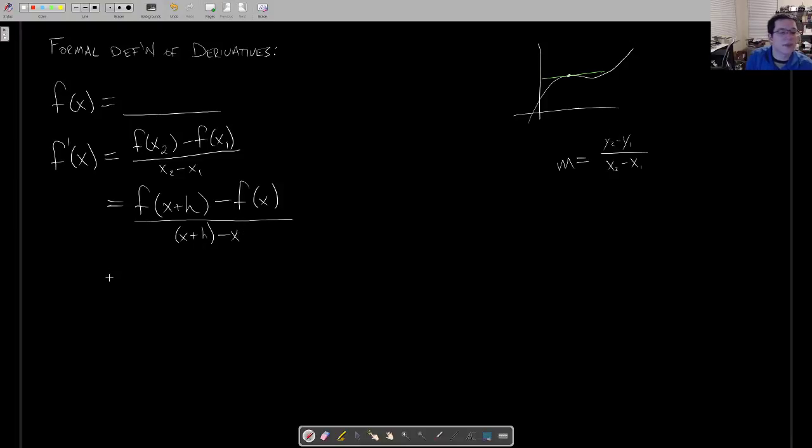Well, now we can simplify a little bit. Can't do anything with the top. But on the bottom, we have x plus h minus x. And since this is all addition, there's no multiplication on that bottom side, we can get rid of these parentheses. And now if you have an x minus an x, well, that's 0, so you're left with h.